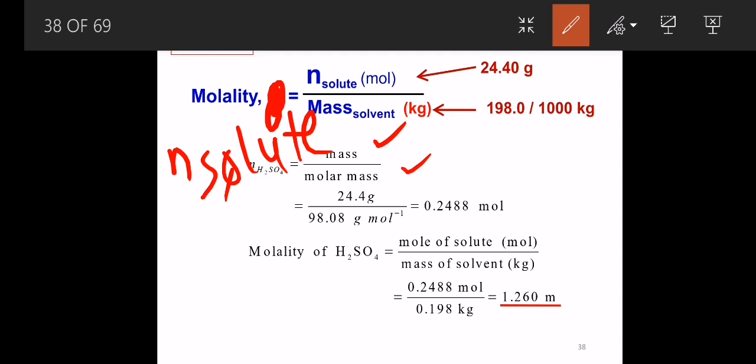Make sure your molar mass is correct. So you will get 98.08 gram per mole. Please calculate carefully. Students make many mistakes there.